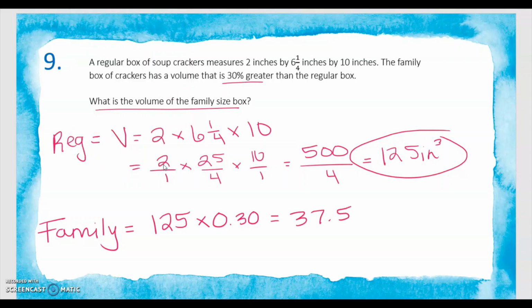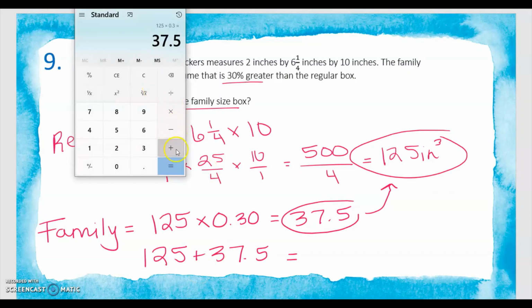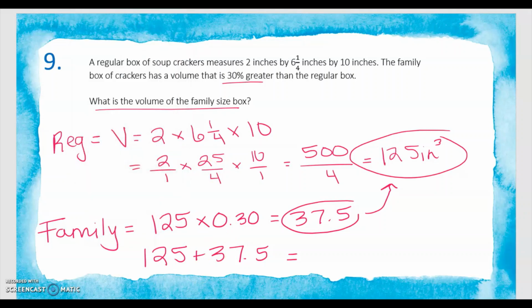That means that I'm going to add that on to the regular box. So the family box is 125 inches plus 37.5 inches to bring us a grand total of 162.5 inches cubed. And that would be my final answer of what is the volume of the family size box. Okay, so pause that if you need to.